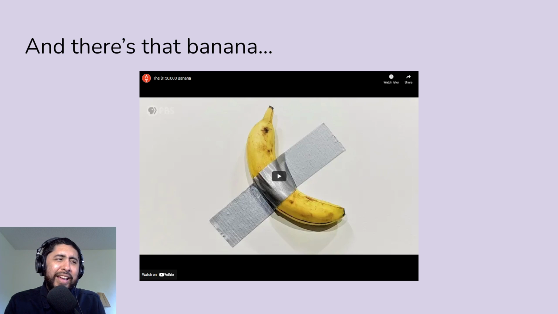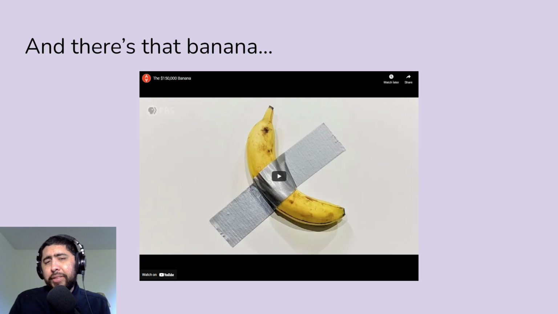So people buying this are both very smart and suckers. They're suckers in the sense that they're paying a lot of money for a certificate saying you can display a banana this way. But they're also brilliant because they own the rights to be able to do that, and they can get a lot of press at their gallery for this controversial banana.